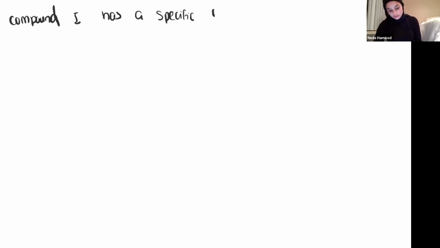I'm going to type this one up if it works, because sometimes it's not going to work. That's fine. We're just going to write it. So compound 1 has a specific rotation of 8.5 degrees.